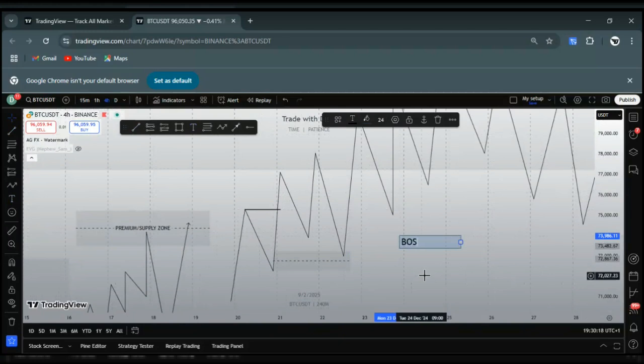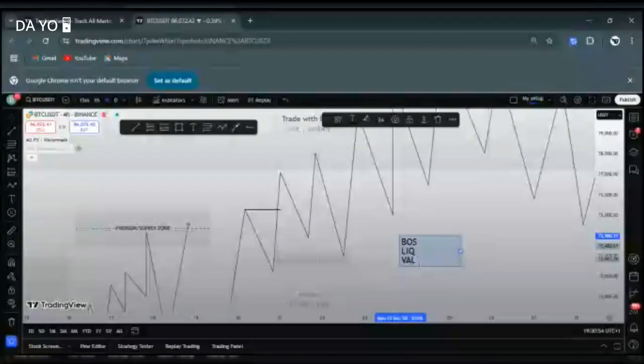BOS, then let's say liquidity. The liquidity can either be inducement liquidity, it can be engineered liquidity, whatever liquidity that you want to make reference with. Then you should see a valid OB, or let's just say OB.